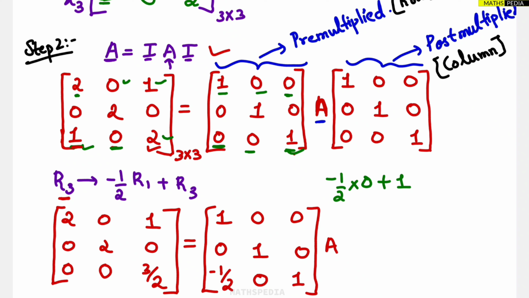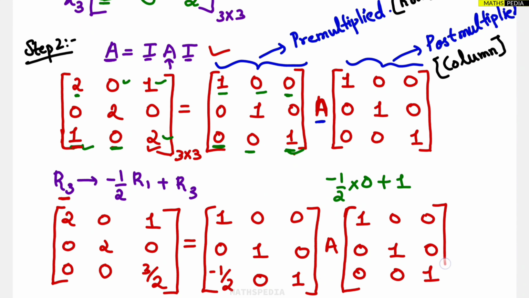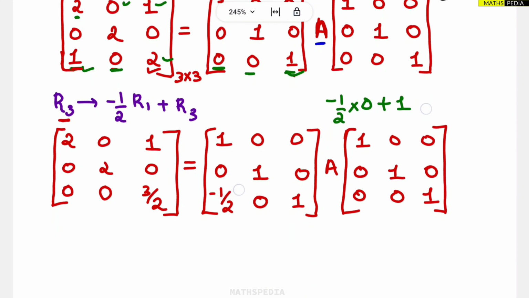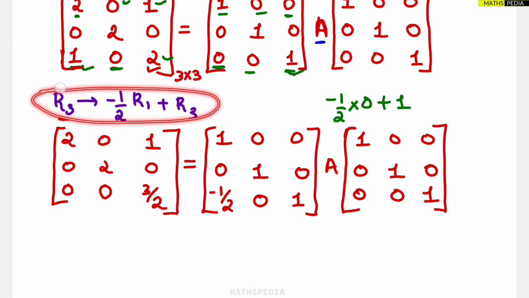Then the next matrix I cannot change. Remember, it is based on column transformation, so I will keep it as it is. When you are applying the row transformation, you have to apply the same column transformation also.